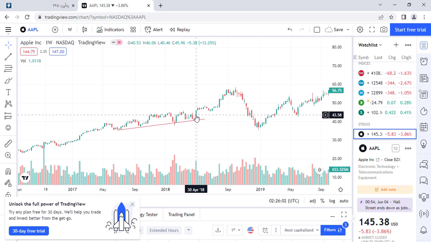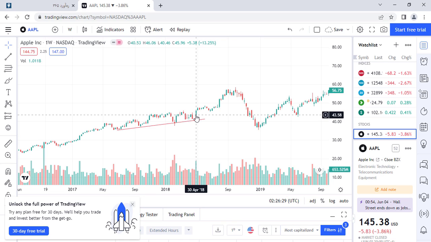in this week lots of traders believe that this candle, the Apple shares, Apple stocks are very valuable, and it will increase.